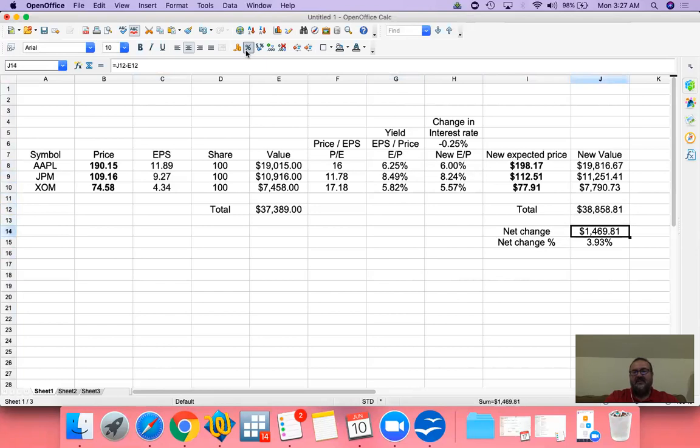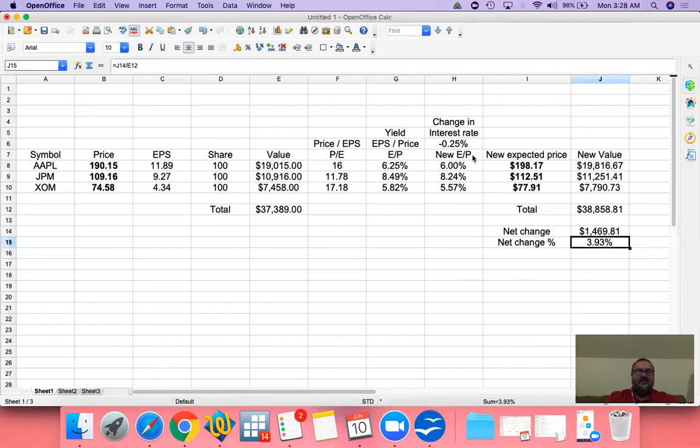Based on this, our net change was about $1,500, which showed about 4% net change in our portfolio value. Now, the market's reaction obviously will be different, and every company will have a different sensitivity, but overall, the methodology is using these multiples, and in this case we use the PE.